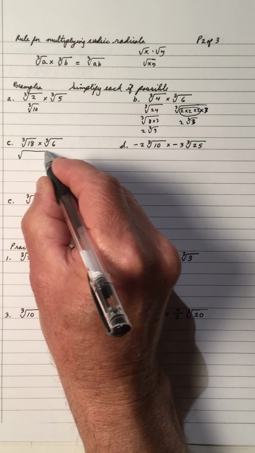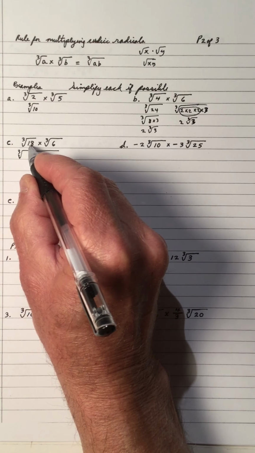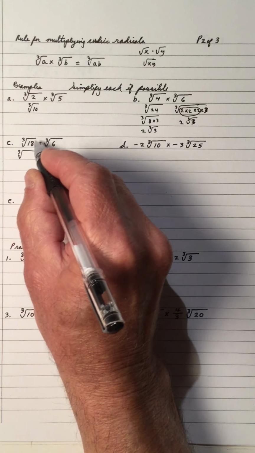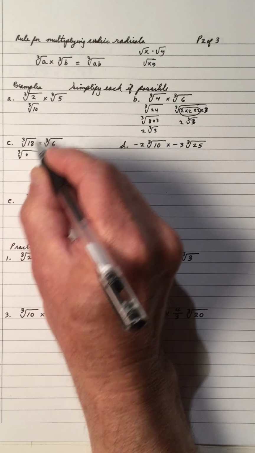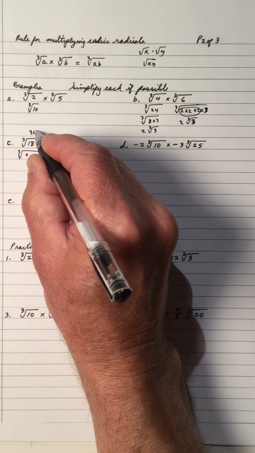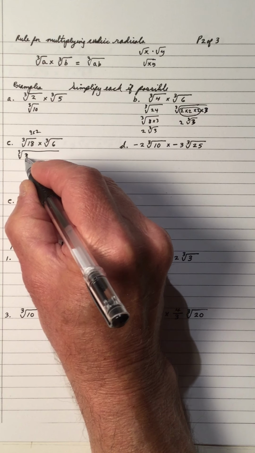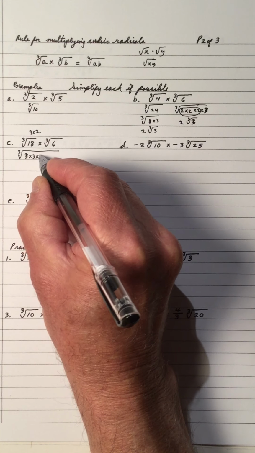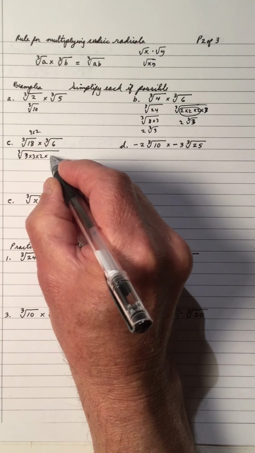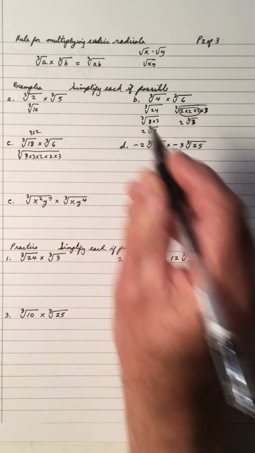So sometimes it's easy when you multiply to make 18 is 9 times 2, so that's 3 times 3 times 2, and the 6 is 2 times 3.